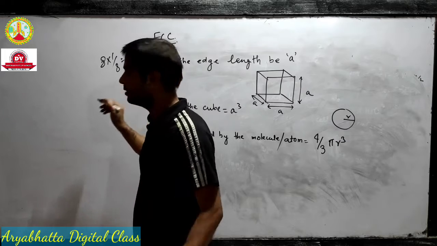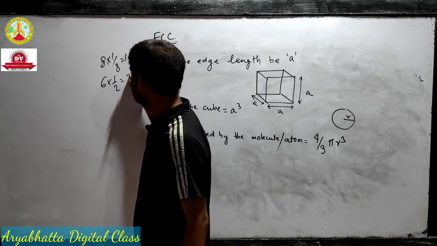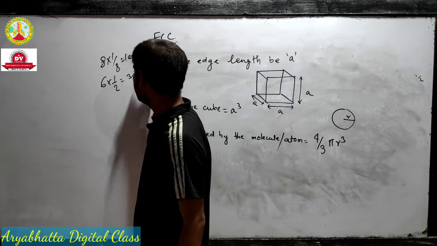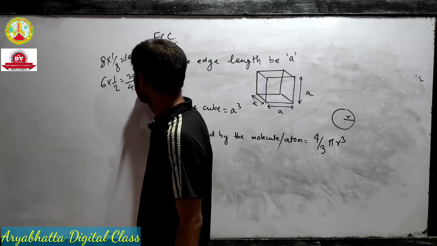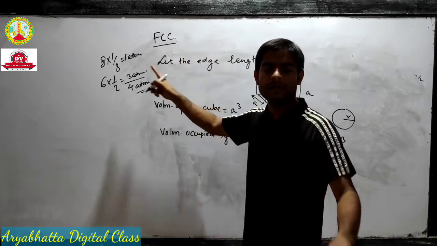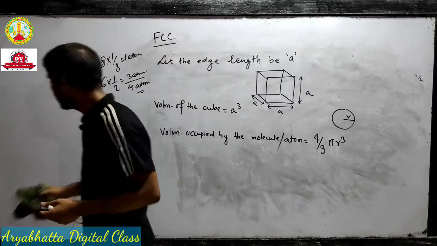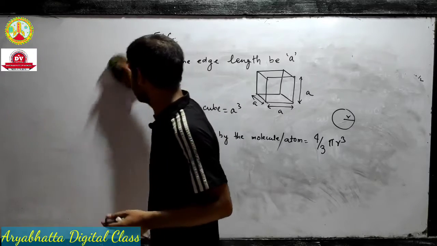And for faces, there are 6 faces and each face has half an atom, that means 3 atoms. So in total 4 atoms. That means in an FCC crystal there are a total of 4 atoms.